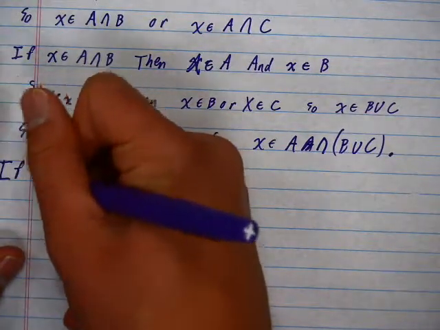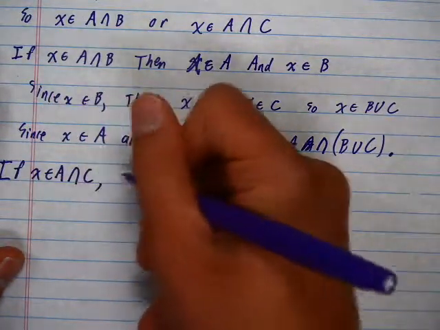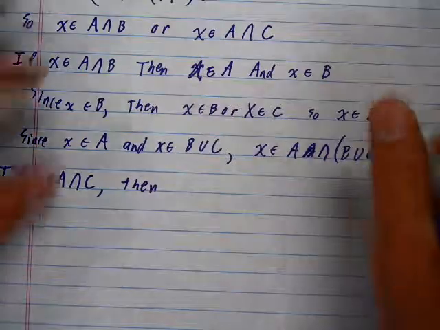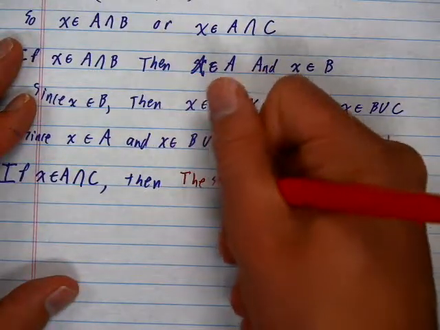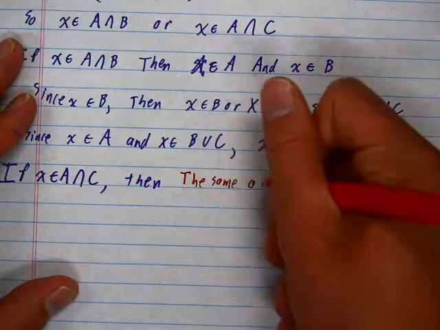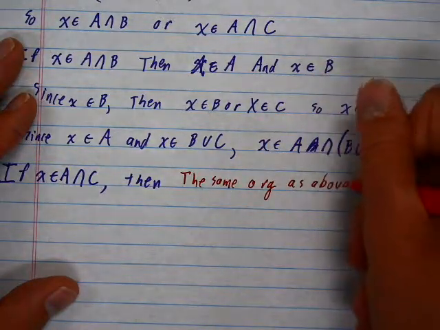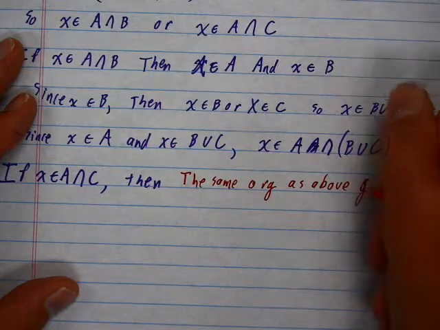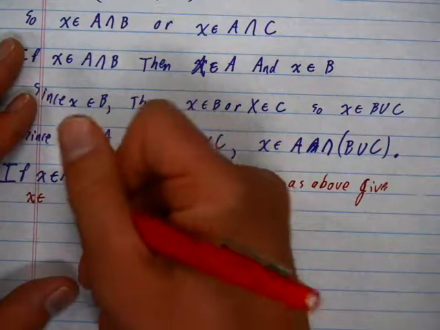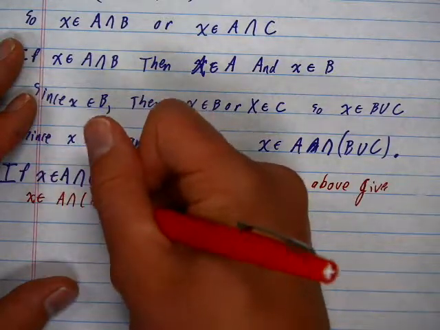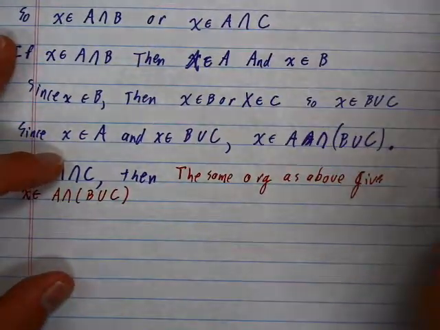If x is in A intersect C, then, well, maybe I'll do something that's a slight cop-out. The same argument as above gives x is in A intersect B union C. And I encourage you to convince yourself that it's the same argument.